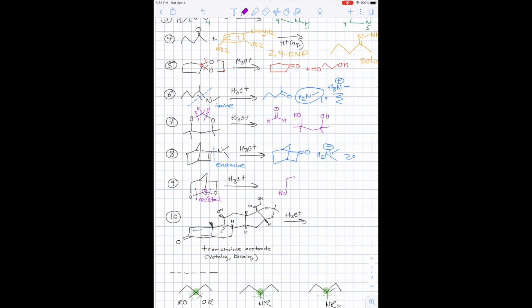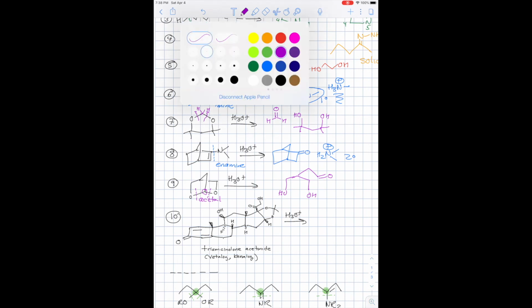And so the circled carbon becomes the carbonyl. And I'm just going to take this thing and flip it up like that. So we have the bridgehead, and then we have the carbon with the carbonyl. And yeah, there's a more elegant way to write that, but I'm not going to do it.